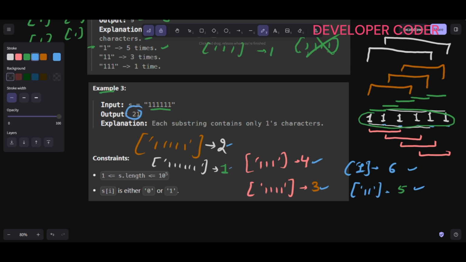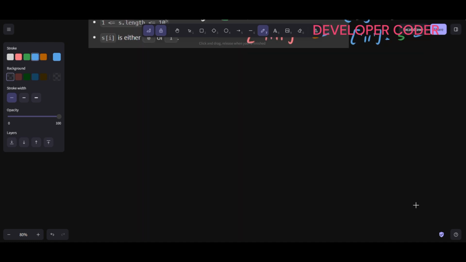So here I'm writing one thing: if I have 6 ones all together, I'm going to get my output as 21.